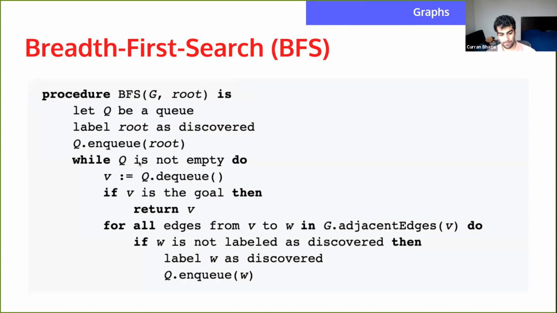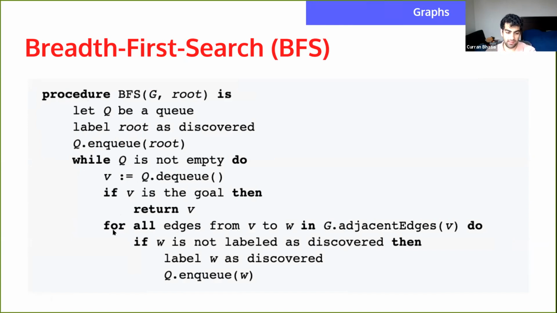Anyway, the major thing to understand is that you're taking a vertice. Look at the for all edges part below. You're looking at procedure, then while, and then for all edges.